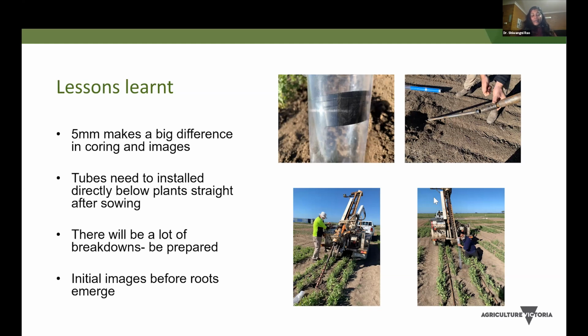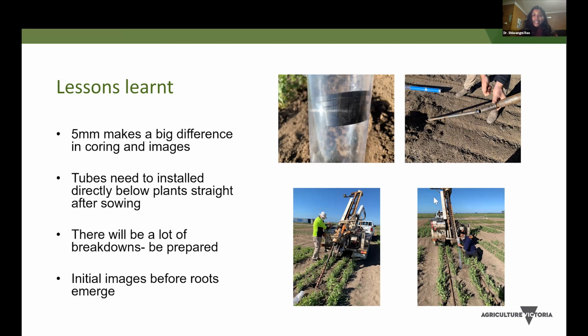So this year, when we are redoing the trial properly, we've got all the proper tubes and it went smoothly without any issues. We had extra long tubes so we can make sure that we get the maximum rooting depth for all of these lentils and field peas.